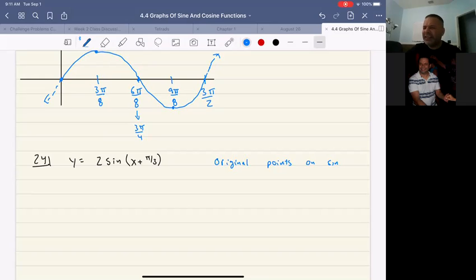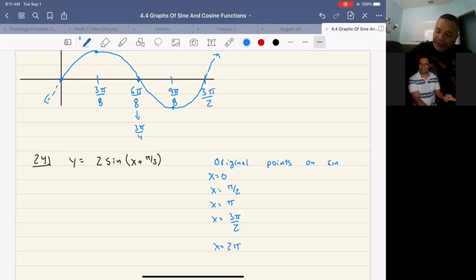I'm just going to look at the x coordinates because I know what the y coordinates are going to do. That's x equals 0, x equals pi over 2, x equals pi, x equals 3 pi over 2, and x equals 2 pi. So it's really 1, 2, 3, 4, 5 points.